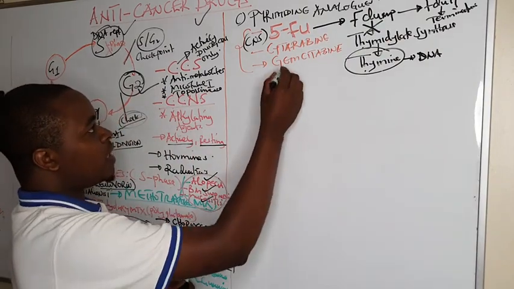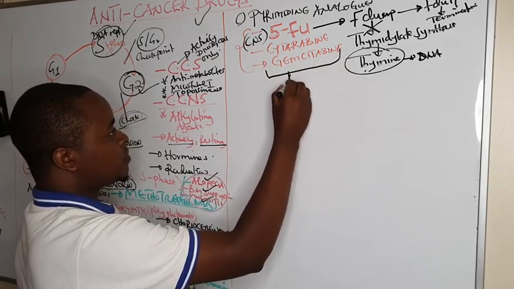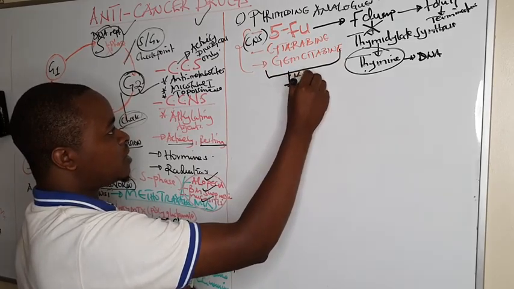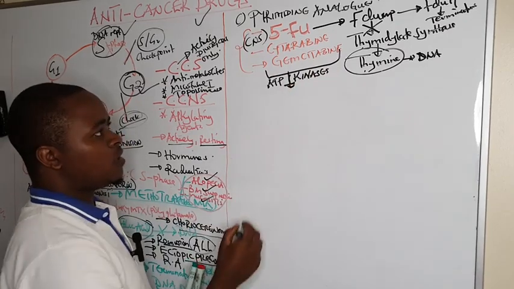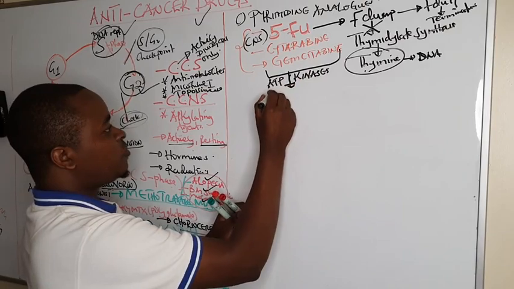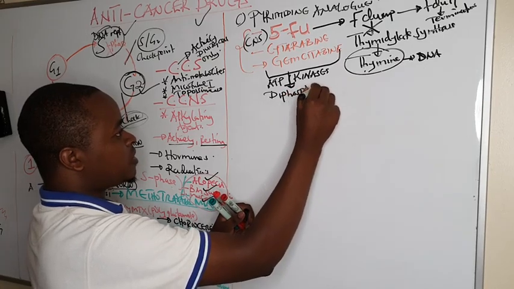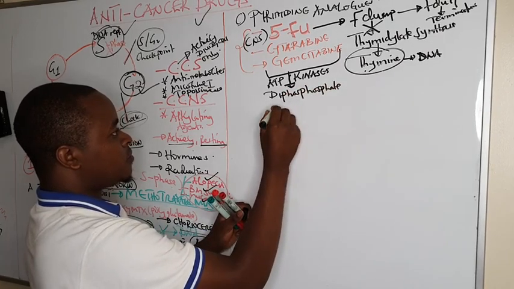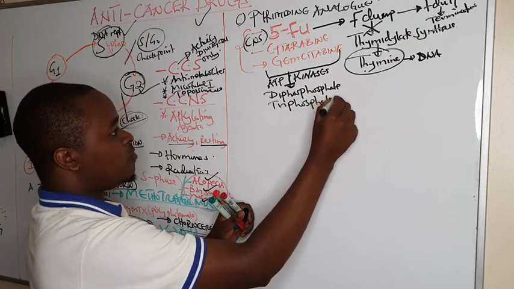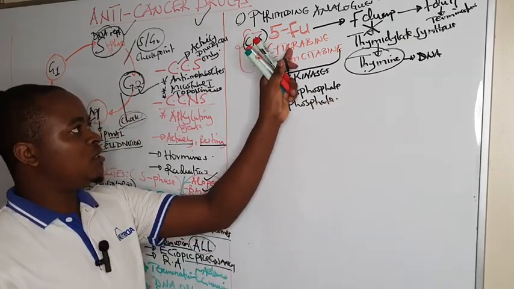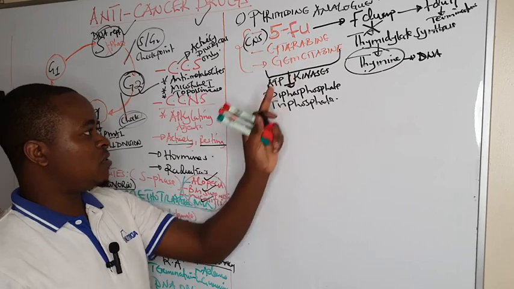Whereas cytarabine and gemcitabine have the same mode of action. In the presence of cellular kinases, they incorporate phosphates, leading to formation of diphosphate and triphosphate, whereby we shall have arabinoside diphosphate and triphosphate, and also this form.